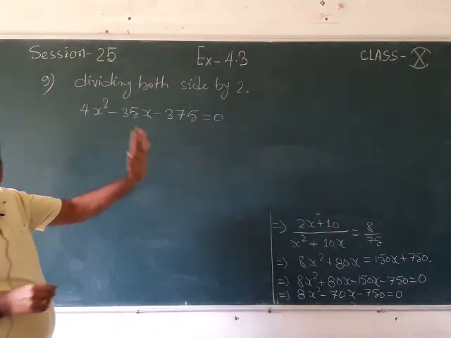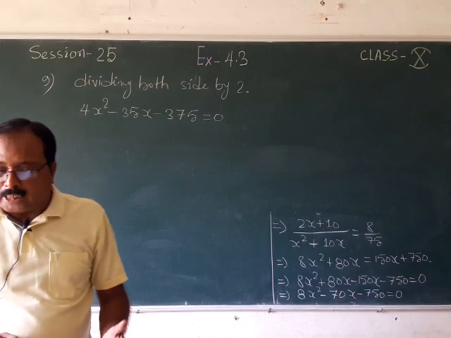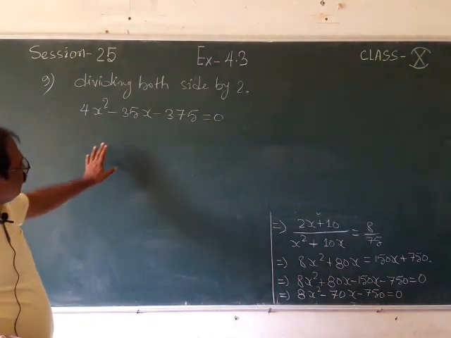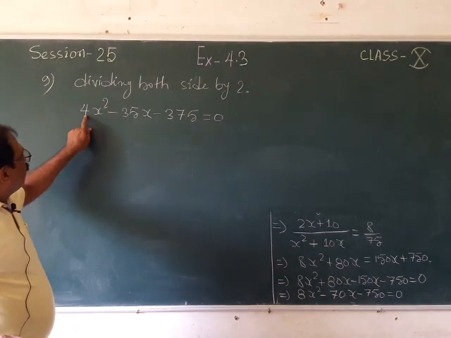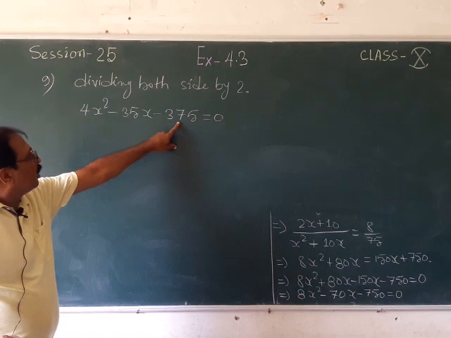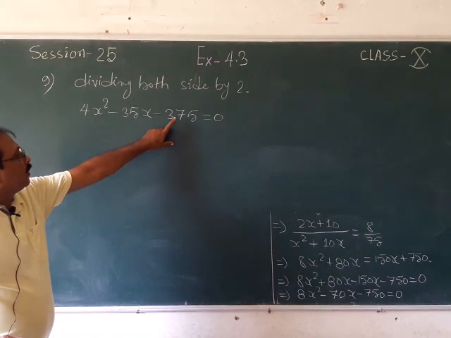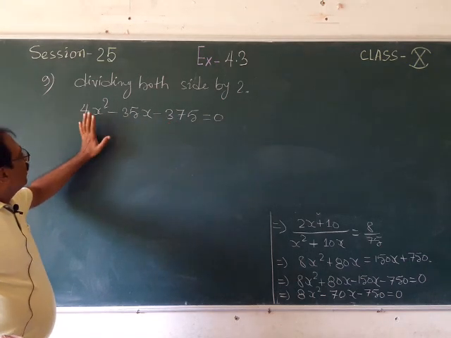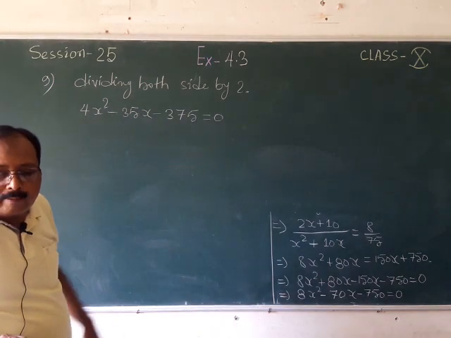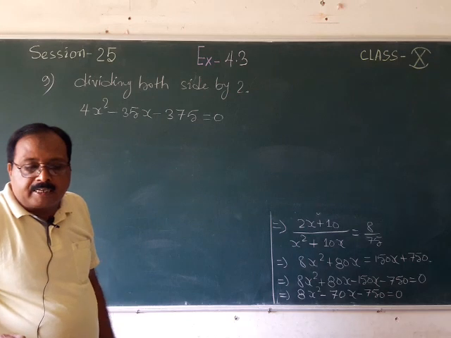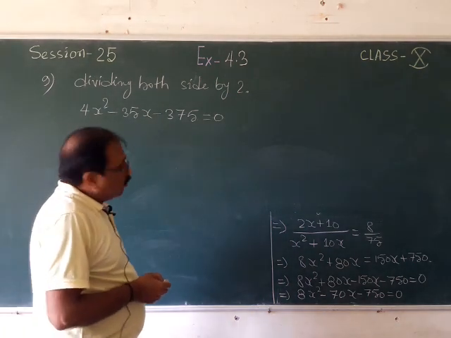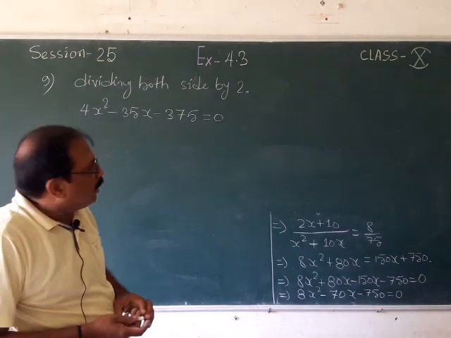So now you can apply the middle term splitting rule to factorize that one. Okay. So here first of all 4 multiplied by 375, you will have a number, and after getting that number you can split its middle term. So here the middle term can be split as 60 into 25.